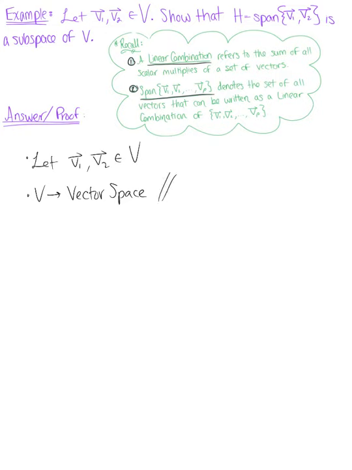And we should also make a note that H is equal to the span of the set of these two vectors, v sub 1, v sub 2. And we want to show that this is a subspace. So we want to show that H is a subspace of V.